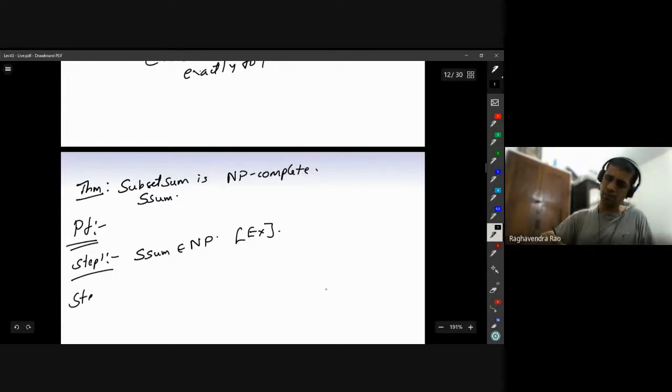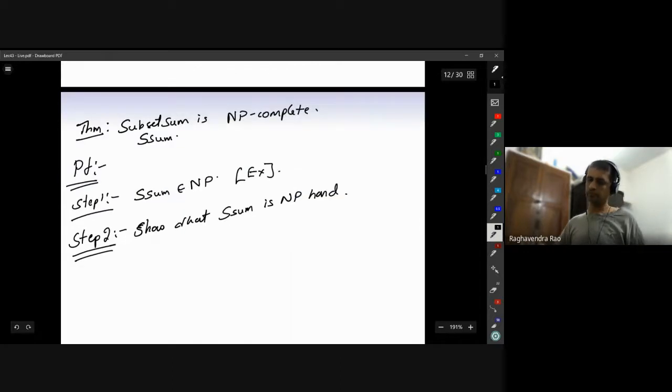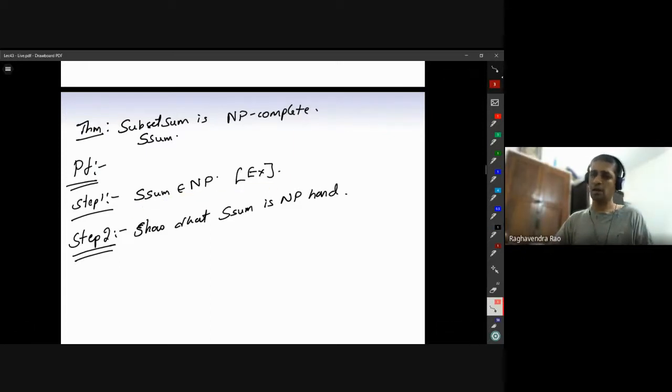Step two: show that S sum is NP hard. This is the most non-trivial part. In most cases, the first step is rather easy. There are instances where the first step is non-trivial, but in most cases it's very easy.